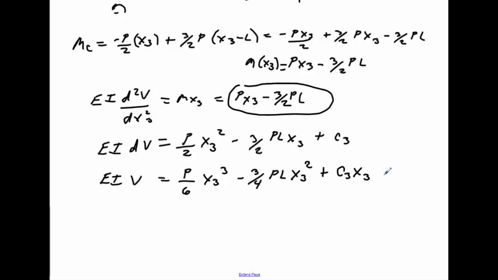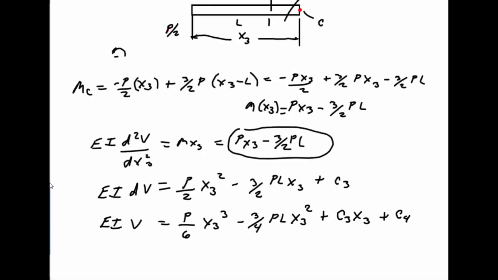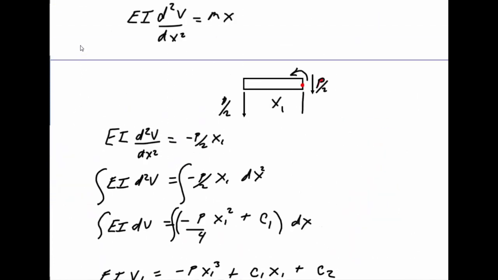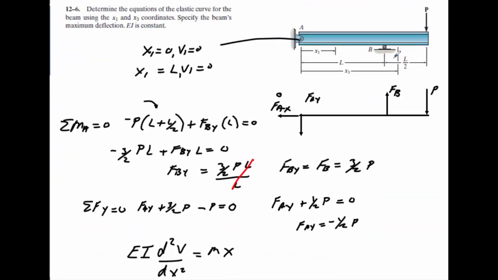Now this one's a little different, and the only boundary condition when you get into here would be when x3 is equal to L, then our V is going to equal 0. That's the only boundary condition we have here.